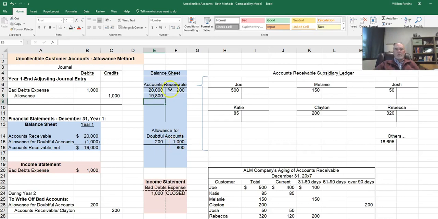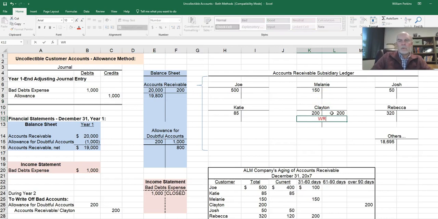Now remember, when we credit accounts receivable, we also have to credit the individual customer that we're talking about. So we would write off Clayton's account, and again, we would designate his account as written off so that we don't look at that as a good account. It's zero because it was written off.